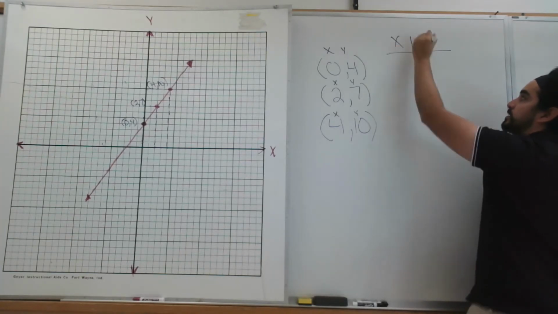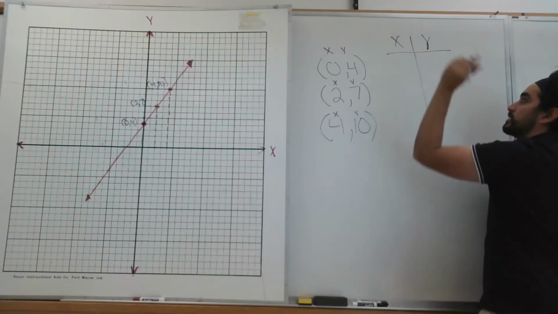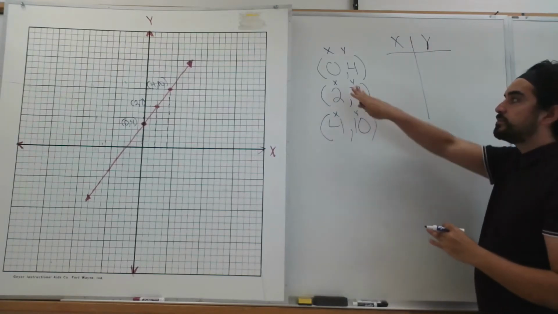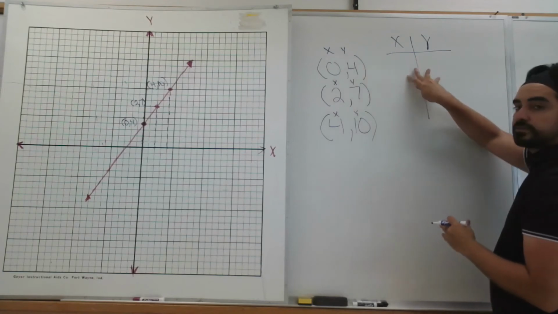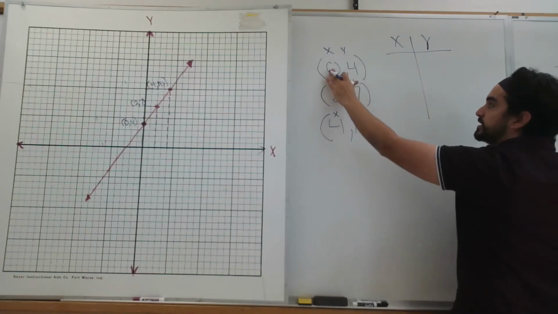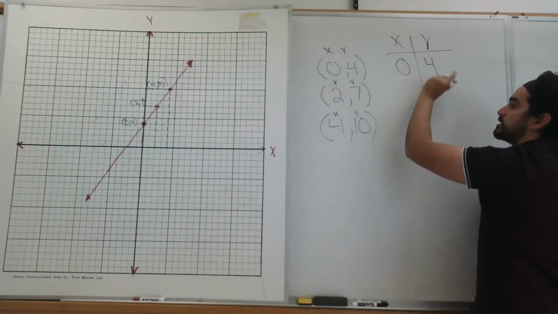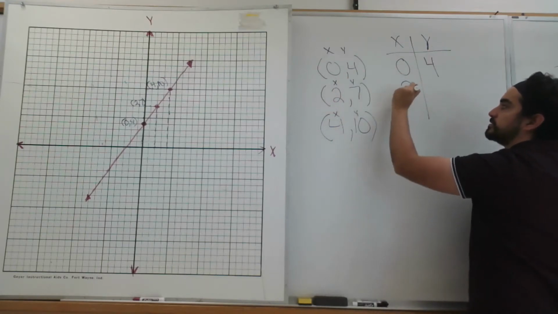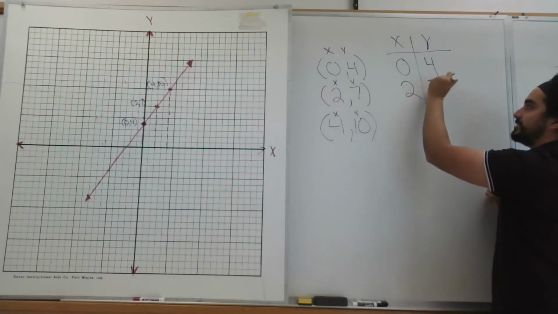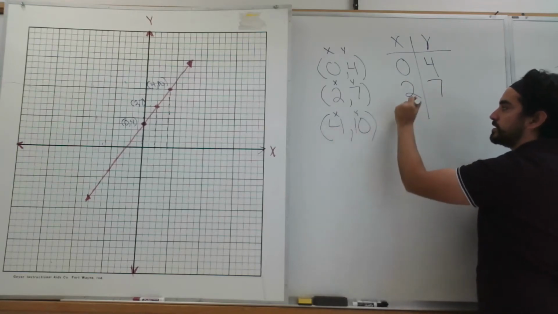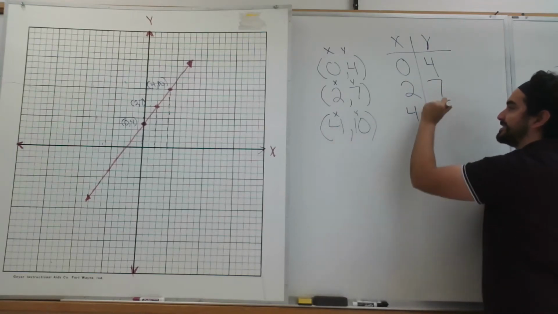On the right side, I'm going to put y. And all we're going to do is copy our coordinate pairs into the table. So the first one is x is 0, y is 4. x is 2, y is 7. x is 4, y is 10.